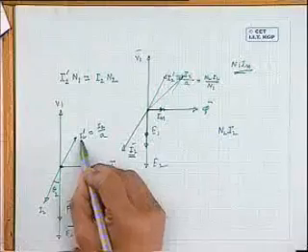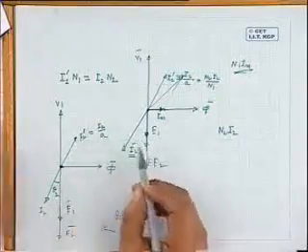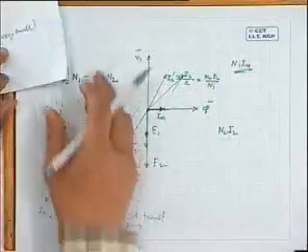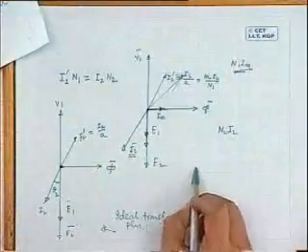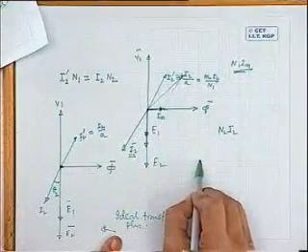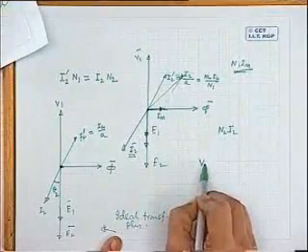You need not bother about that; the primary will start drawing power from the supply automatically. So with this ideal transformer, we find this relation is true, and this I2 dashed will be actually the ammeter reading here.